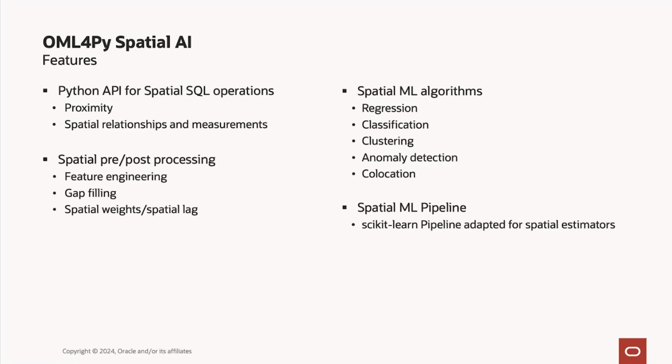And then the last one on the bottom right, spatial ML pipeline, is very much there as an item for machine learning practitioners who work all the time with scikit-learn, which is a leading, if not the leading, machine learning package.